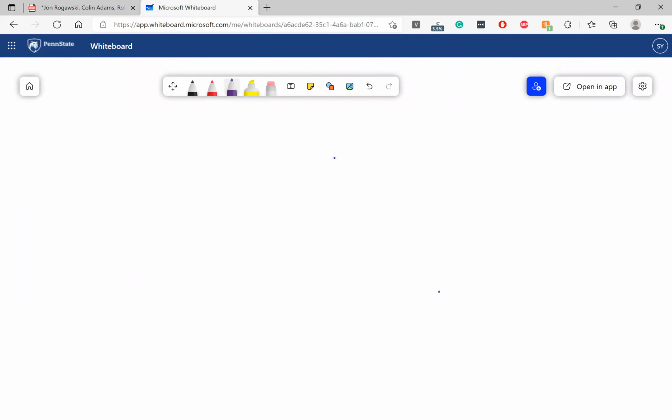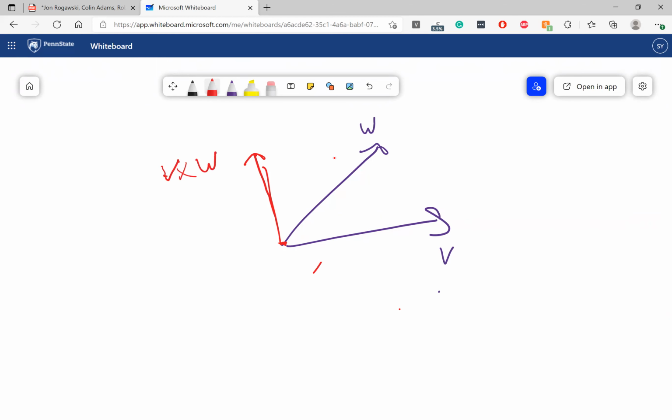When I have here V, and here I have W, I know that this vector here, by the right-hand rule, is V cross W. I put my index finger in the V direction, the back of my hand in the W direction, my thumb is sticking upwards, so it's going upwards.